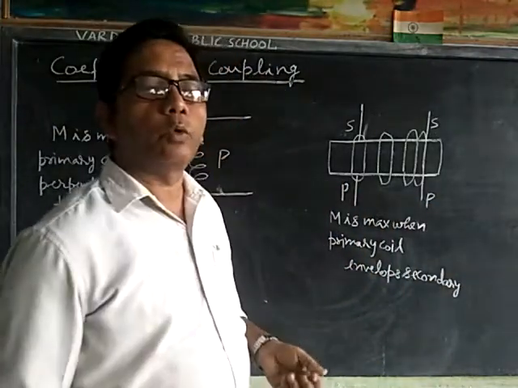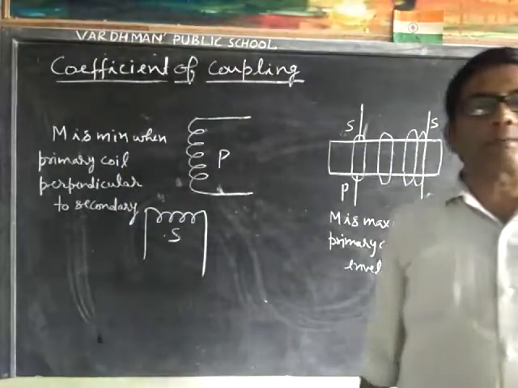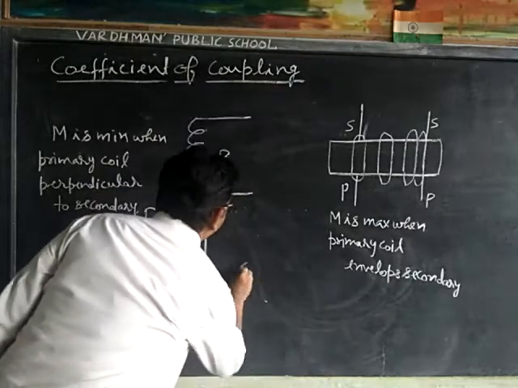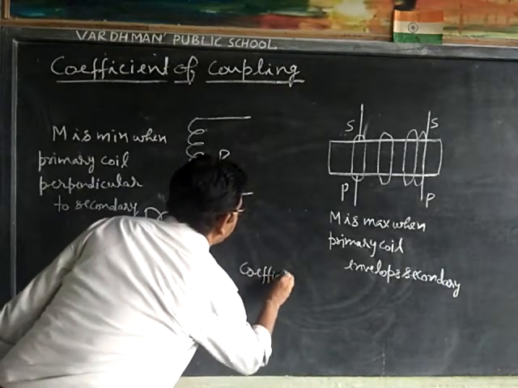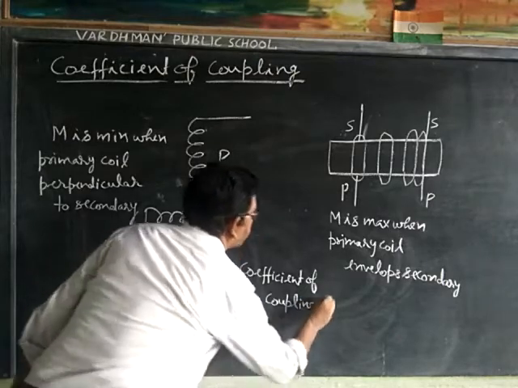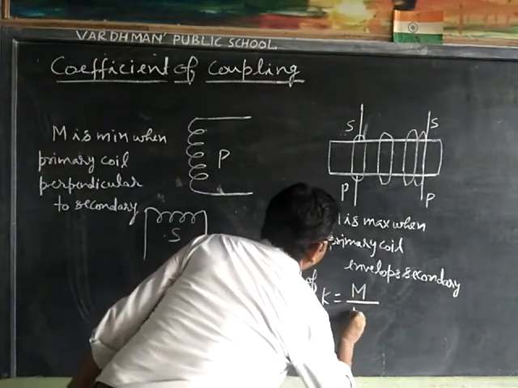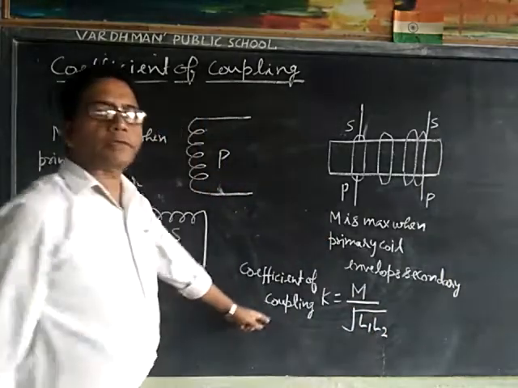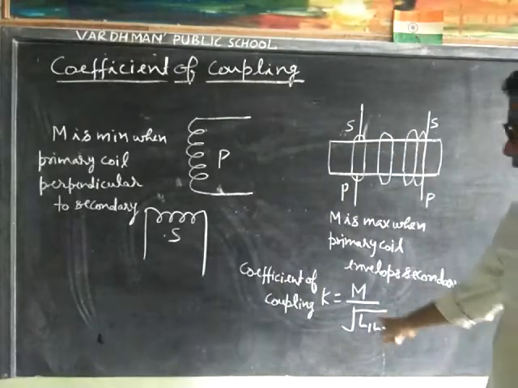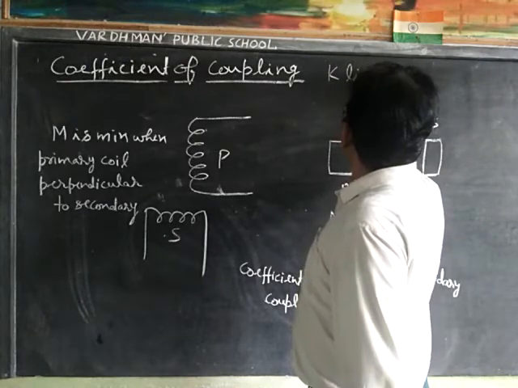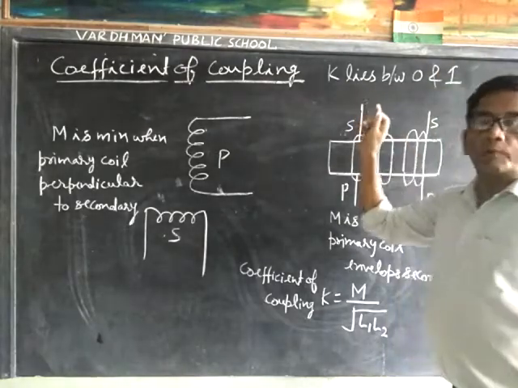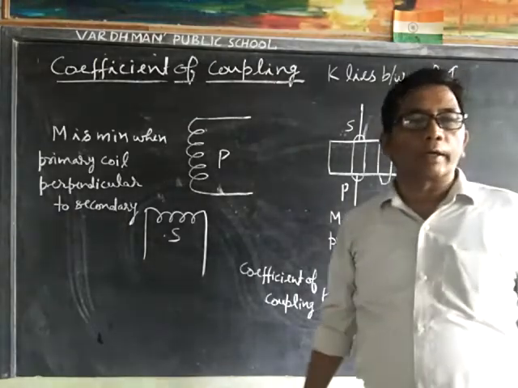If L1 and L2 are the self-inductances of two coils and capital M is their mutual inductance, then the coefficient of coupling K is equal to M upon root of L1 L2. The value of K lies between 0 and 1.